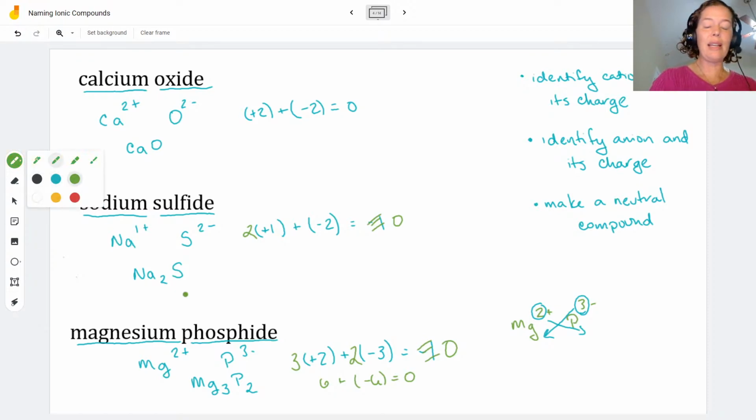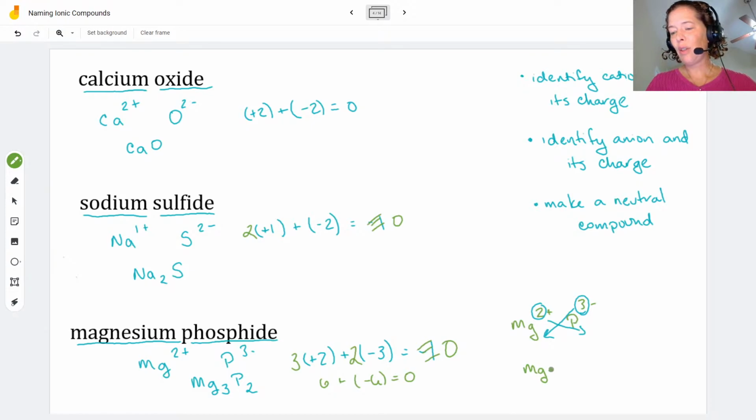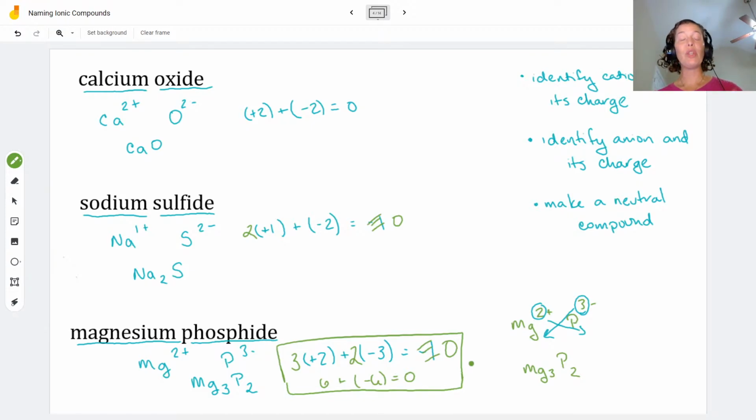And you can see I'm getting the same answer that I got before. Mg3P2. But I do want you to understand why it works, and it works because of this algebra right here. So crisscross is great, and you can use it in a lot of different situations, but again, I'm going to show you situations where it is not going to work, so just be careful.